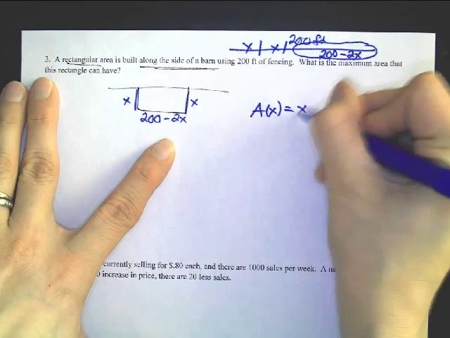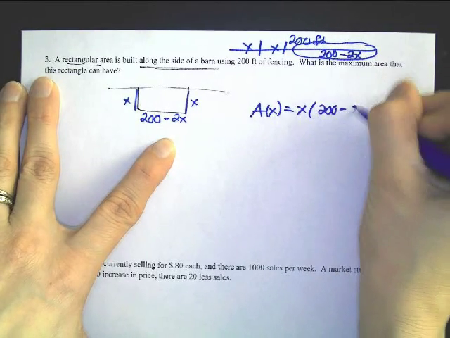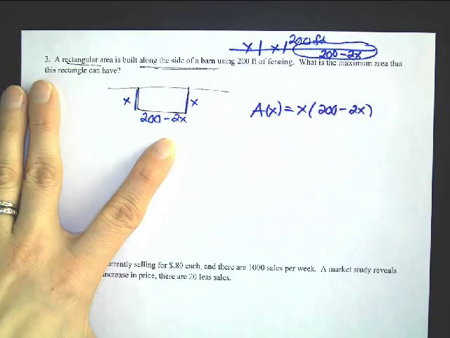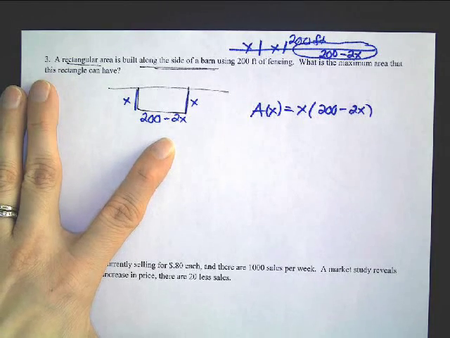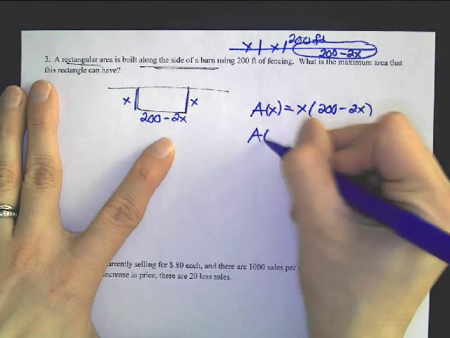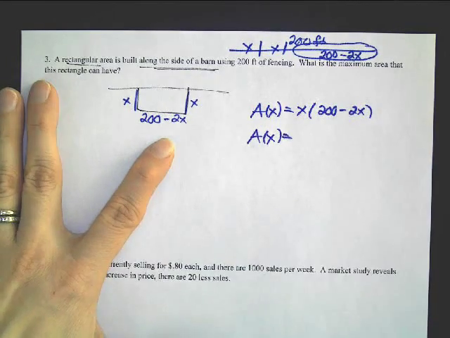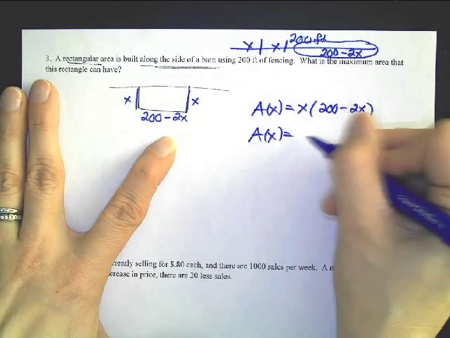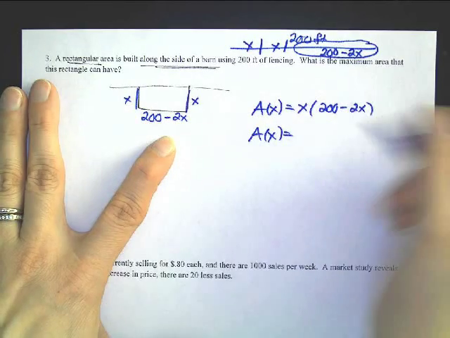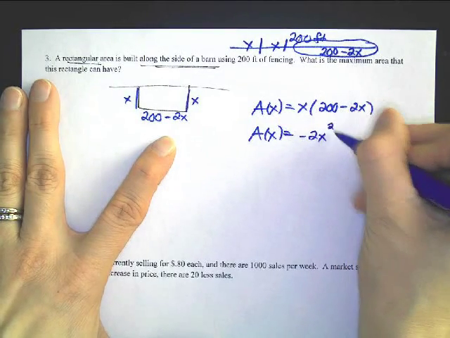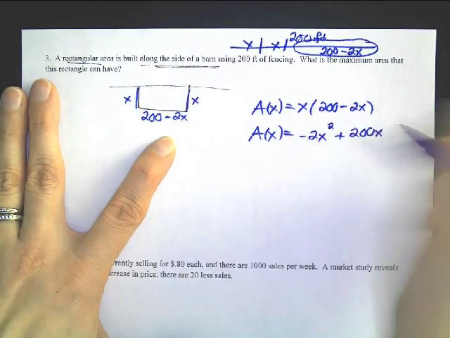Base times height of a rectangle, x times 200 minus 2x. Should I distribute? Why? Yeah, because we need to make, well, this is a parabola. But how are you going to do H and K formulas without an ABC?